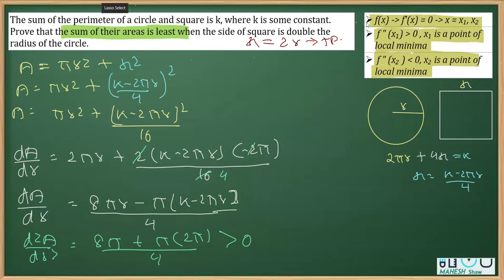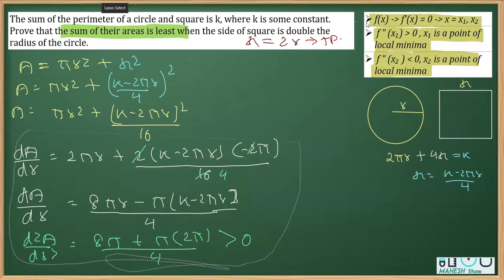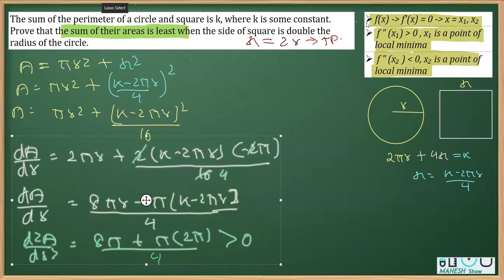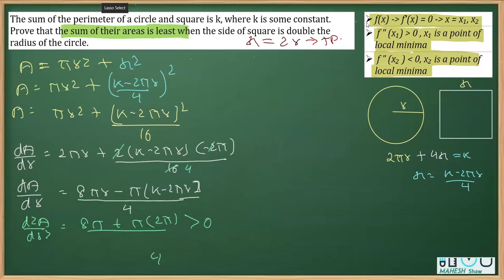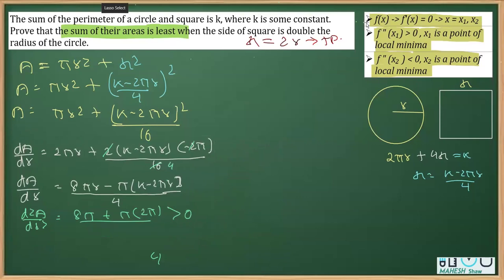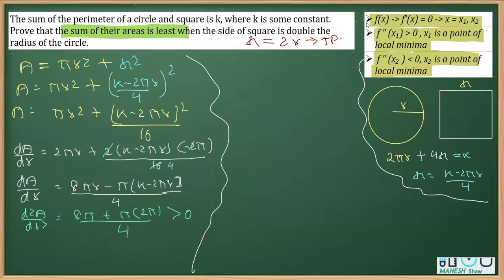Now, once we have done this till here, we are going to equate f dash x, right? We are going to equate dA by dx with 0 so as to get the critical point, right? 4 lost, so write 4 here. Now, as I said, in order to find the critical point, we need to equate dA by dx, or dA by dr in this case, with 0.